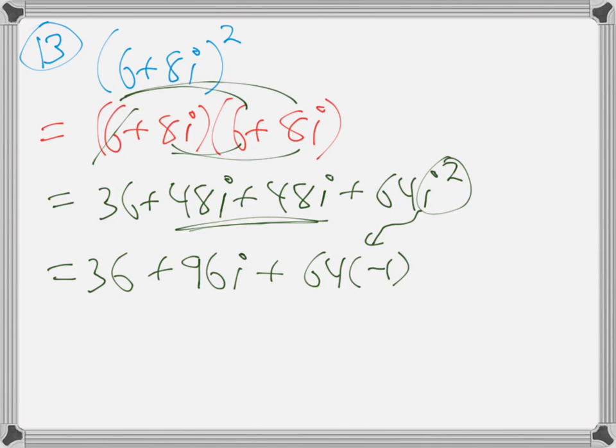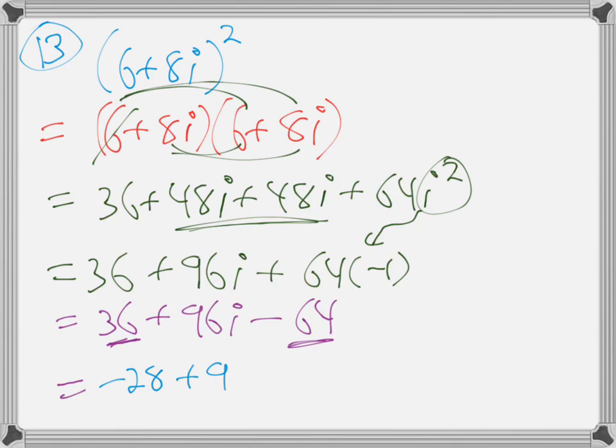And so that becomes 36 plus 96i minus 64, doesn't it? And 36 minus 64 is some number I don't know. Minus 28? Thank you. And there we go. Minus 28 plus 96i. These making good sense? Not too bad? Weird, huh? But not a hard section.